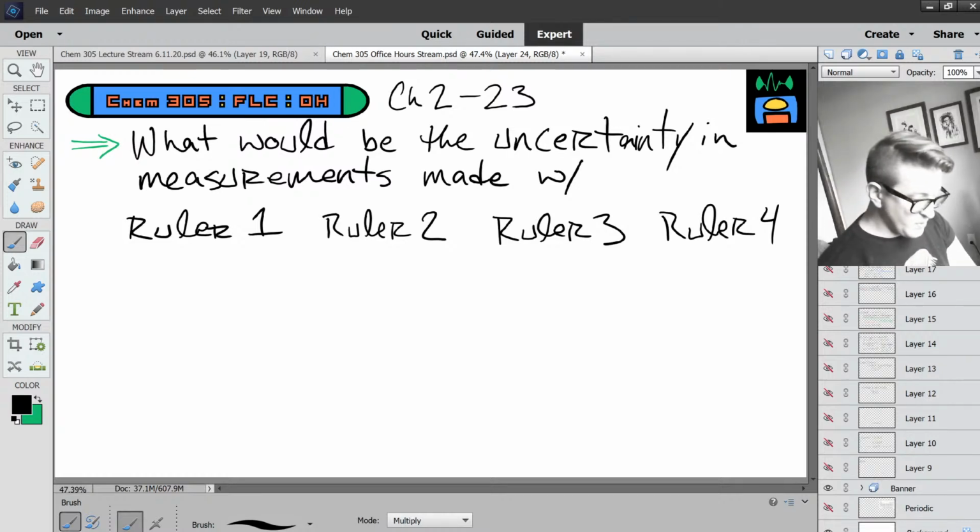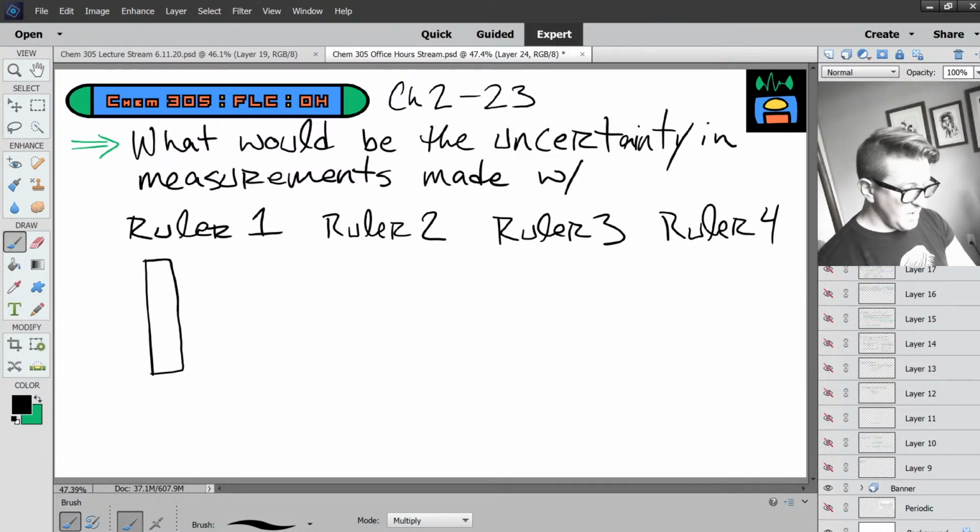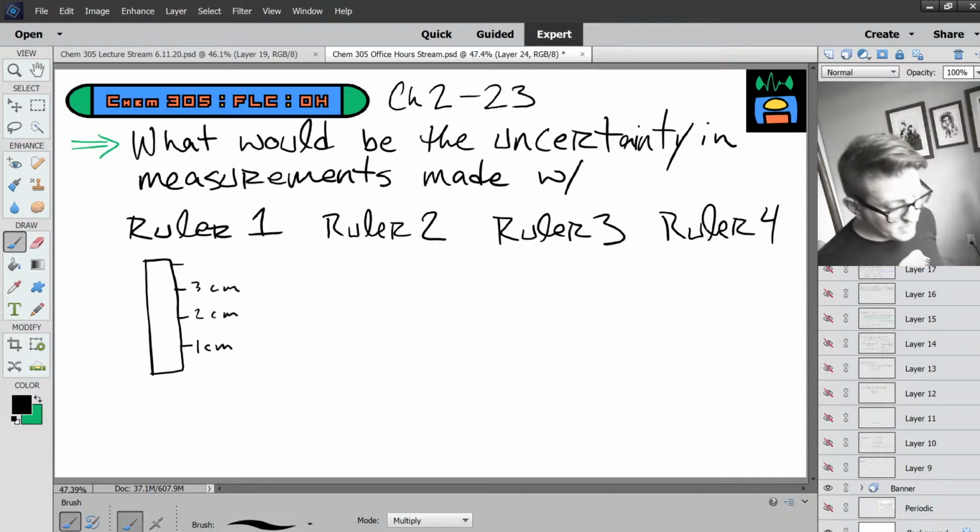So, for example, when you look at ruler 1, they've got markings like so. Let me squish those down just a little bit. So like 1 centimeter, 2 centimeters, 3 centimeters.